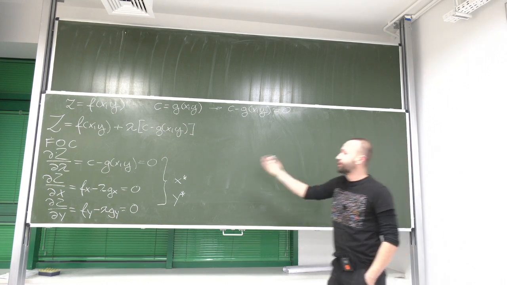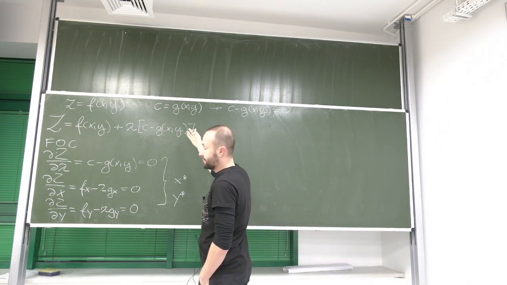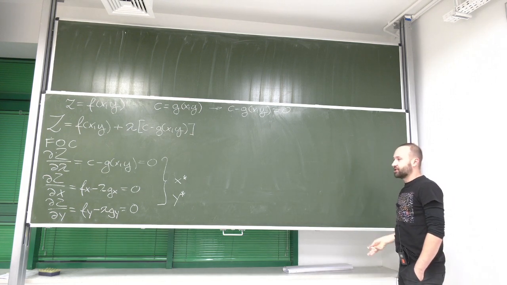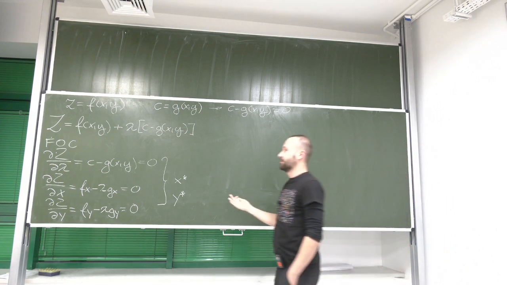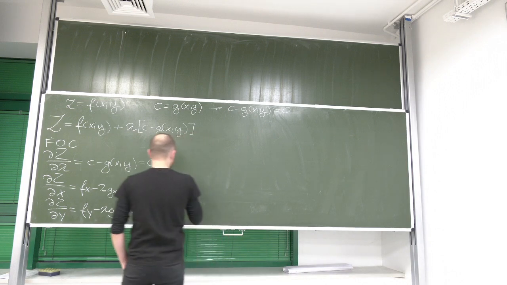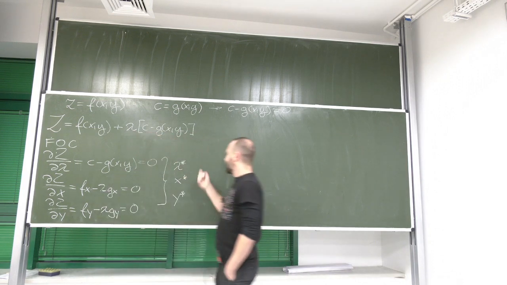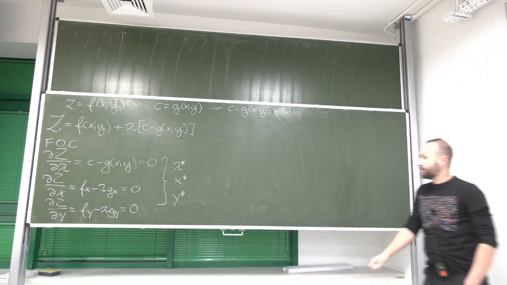Those are the ones we use for optimization. However, of course, in these calculations, we're going to get a third variable, right? This is a system of three simultaneous equations. And the third one is lambda, right?